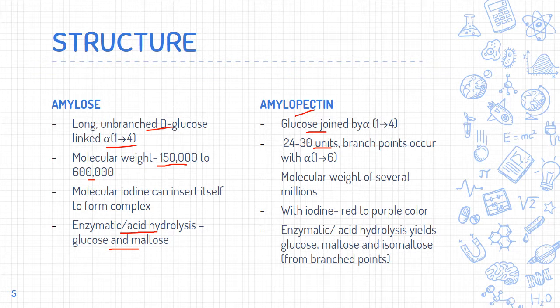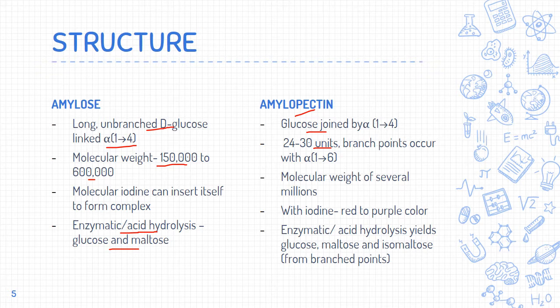Coming to amylopectin, it is also a straight chain of glucose joined together by 1,4 glycosidic bonds. However, after about 24 to 30 units, branches occur with 1,6 glycosidic linkages, giving side chains.